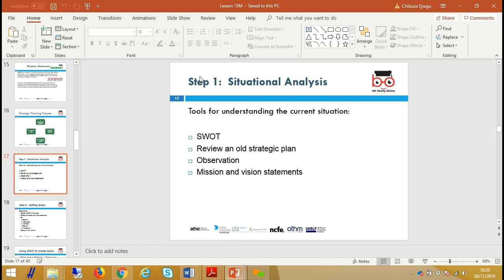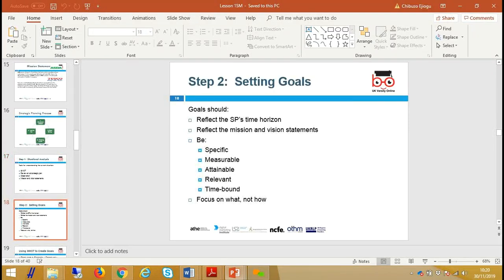Right? But they will have to review the old one to see what they can learn, what went well, what they need to continue doing and build upon, and what they need to change. They would also do some internal analysis using, for instance, SWOT, strengths, weaknesses, opportunities, and threats analysis tool to look at the internal environment, observe the external environment also, and refresh their mission and vision statement.